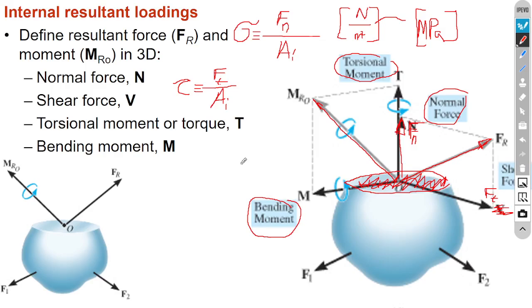If there is a loading, then the body will be deformed. Its shape and also its size will not be the same as those at the beginning of the process. If we apply a force, then the material will be deformed and the size of the body will be changed.